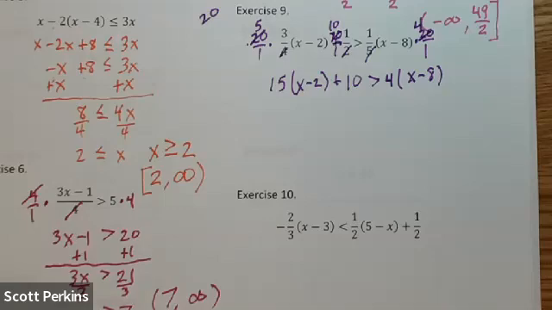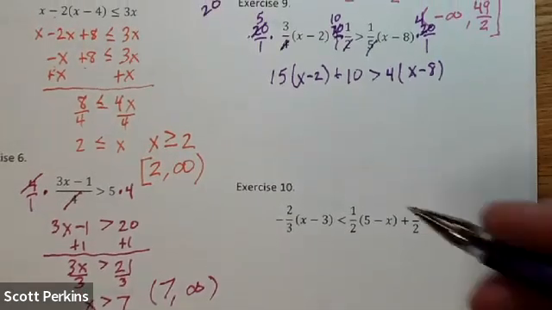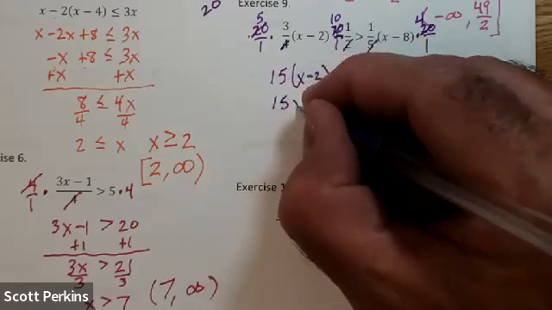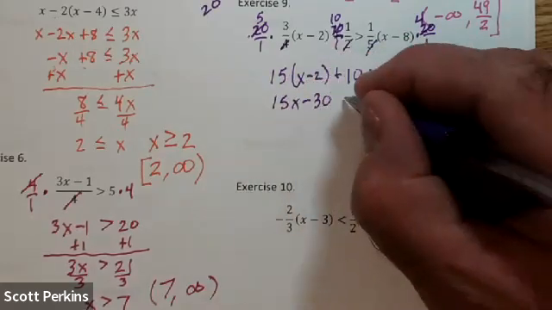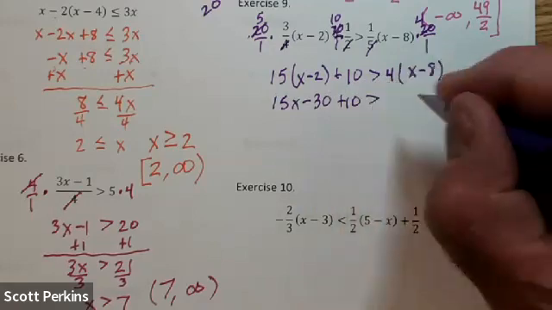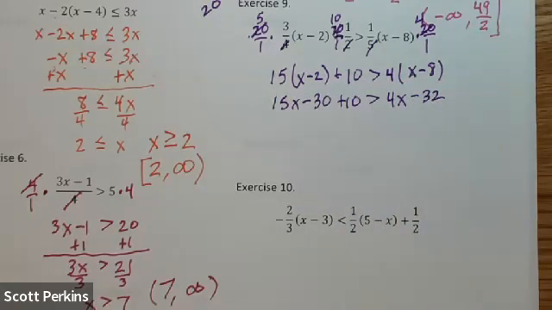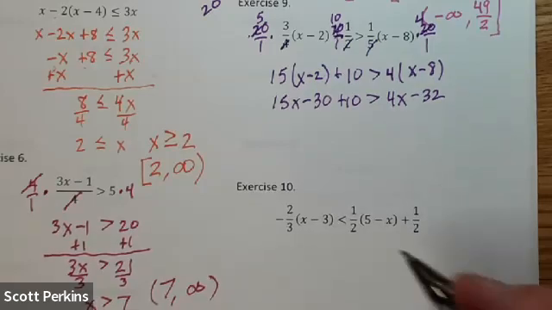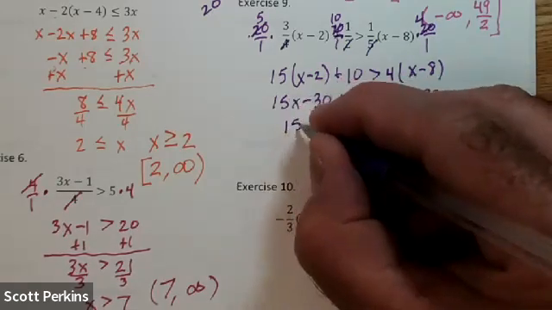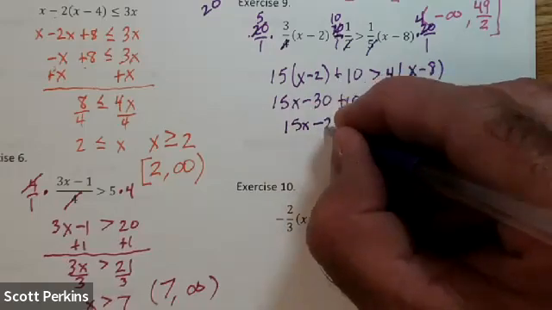All right, we're gonna distribute, collect like terms, x's on the left, numbers on the right. Same thing every time. So hopefully you've done enough of these that it's second nature. You're doing these in your sleep now. So we've got 15x minus 30 plus 10 is greater than 4x minus 32. 15x, and then negative 30 plus 10 is negative 20.